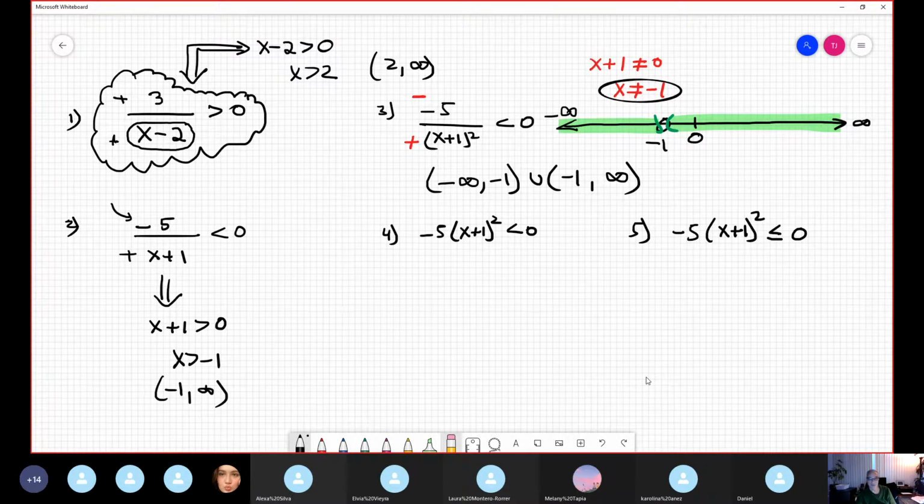And what about this? Well, I suppose it's the same thing. It doesn't matter whether you divide or multiply. It's the same analysis. Negative 5 is negative. X plus 1 is always positive. Together it's negative. So it always happens except at negative 1, because let me explain.